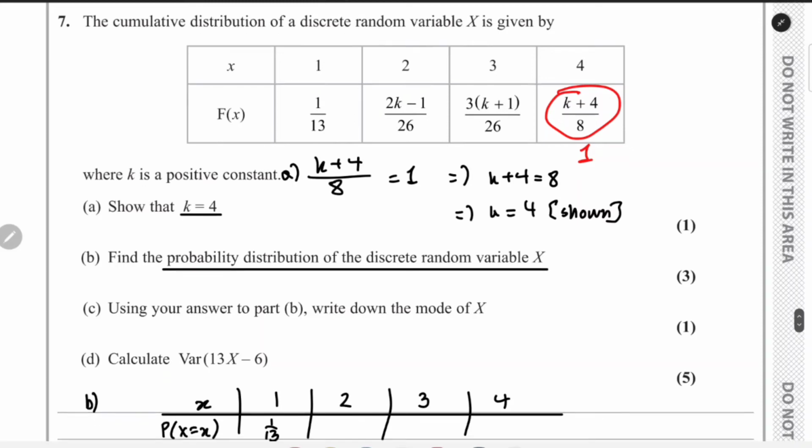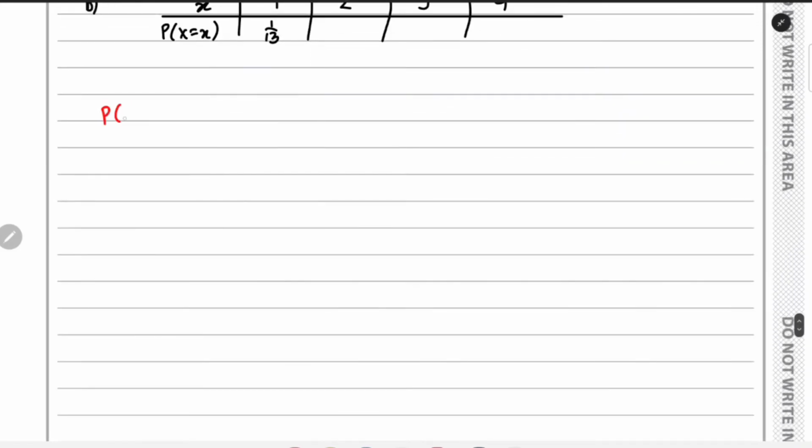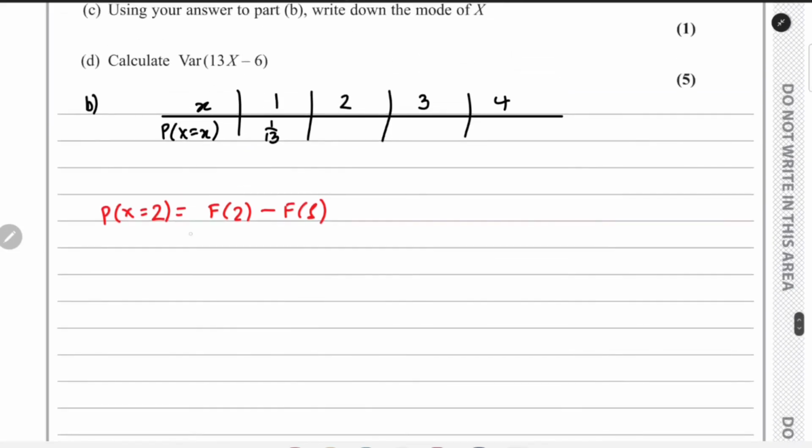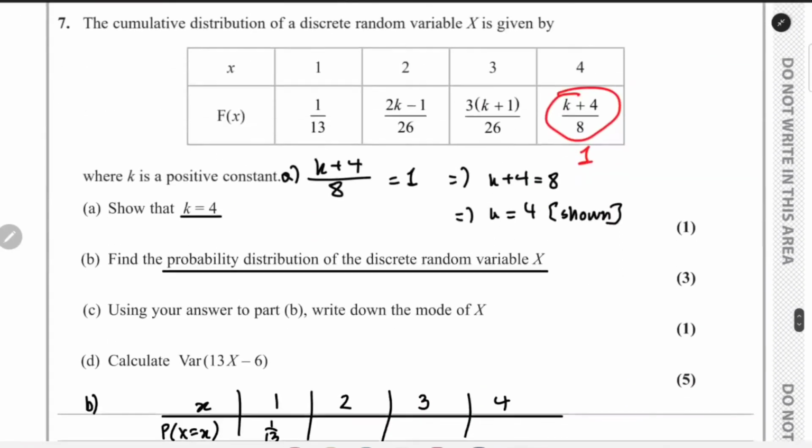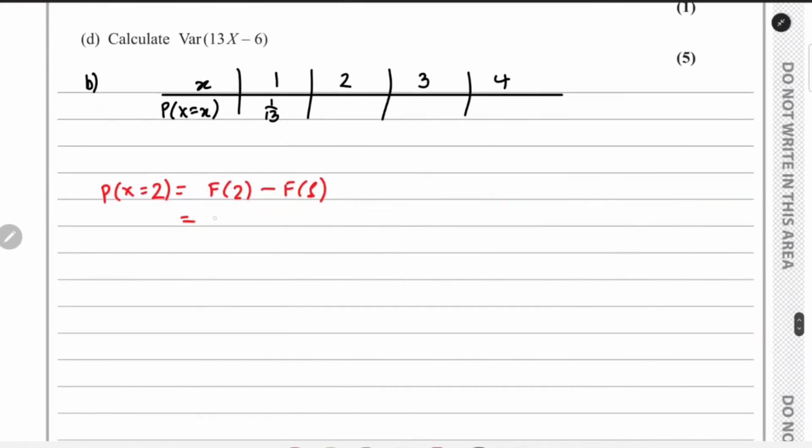Now the probability of 2, probability x equals 2, will be f of 2 minus f of 1. Which in this case would be 2k minus 1 by 26. So 2 into 4 minus 1 by 26 minus 1 by 13.